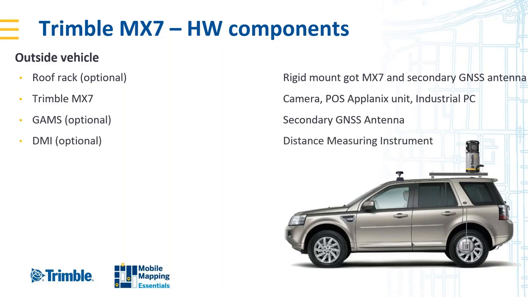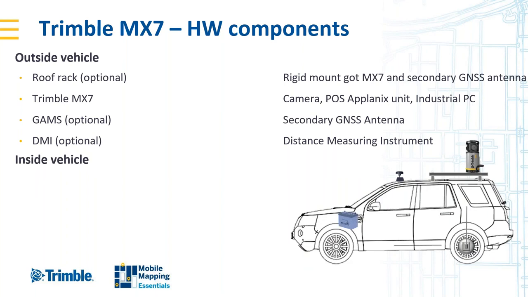We may add a DMI, which is a distance measuring instrument, which basically fits to the wheel of the vehicle and measures distance. Again, this is useful in harsher GNSS environments because it gives us another distance input into the system, but it's also useful for detecting, for example, when the vehicle is stopped, and we can understand that very well from the DMI.